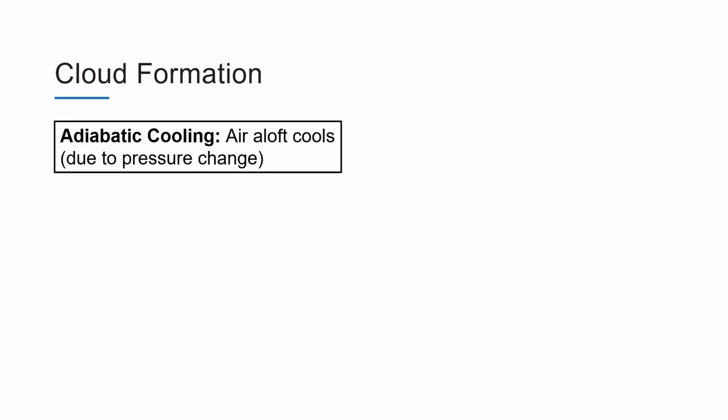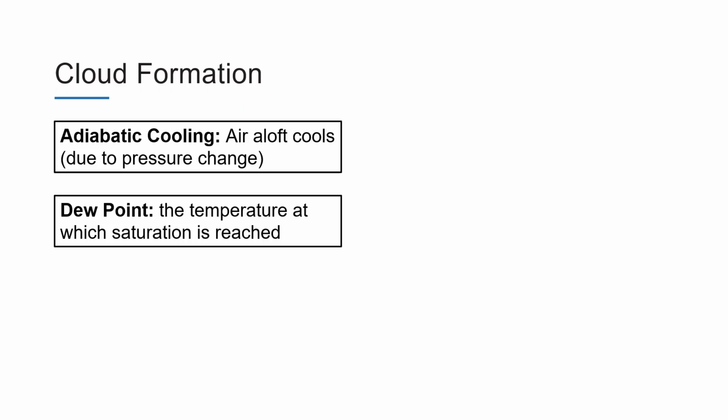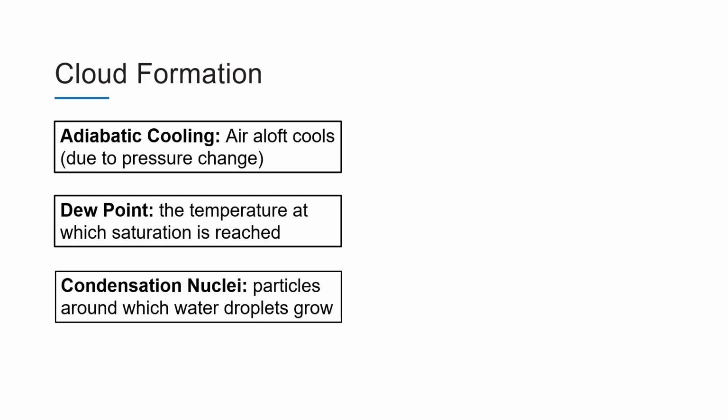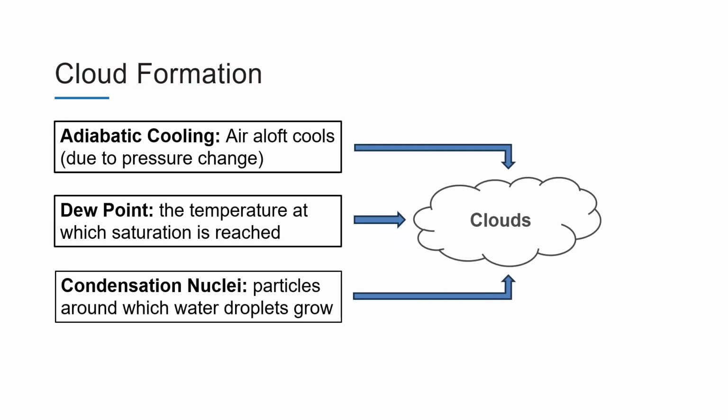The reason I'm bringing adiabatic cooling back up is because it makes it easier for air to hit the dew point. And if that happens with condensation nuclei available, we get the formation of clouds. And I was hoping to fit information on identifying clouds by type here, but I'm trying to keep the video short, so I'll post something on Canvas.